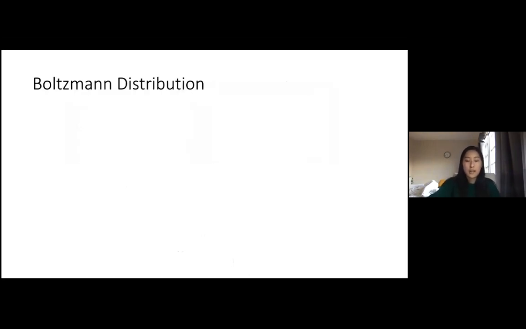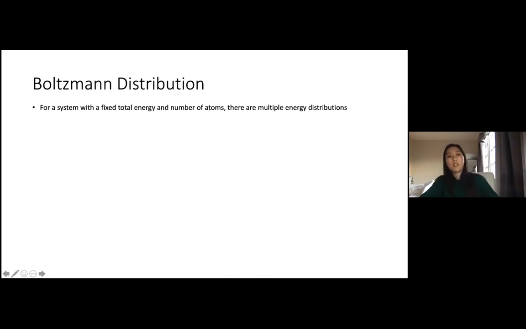So far we've been comparing systems that have different energies, but now we're just going to talk about systems with a fixed total energy. For a system with a fixed total energy and a fixed number of atoms, there are multiple energy distributions associated with it.